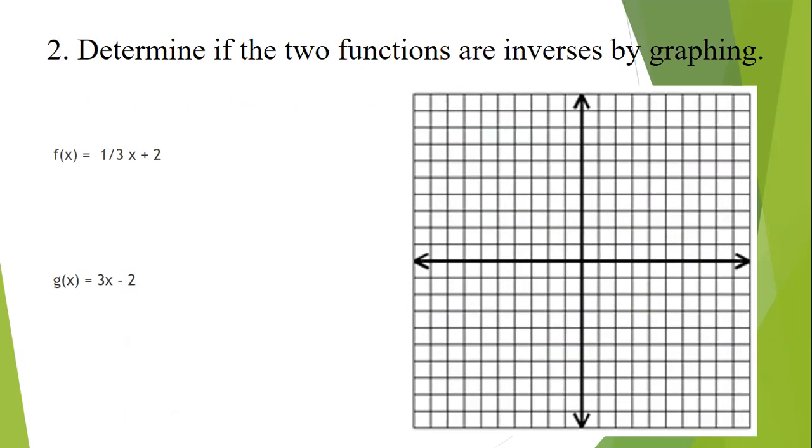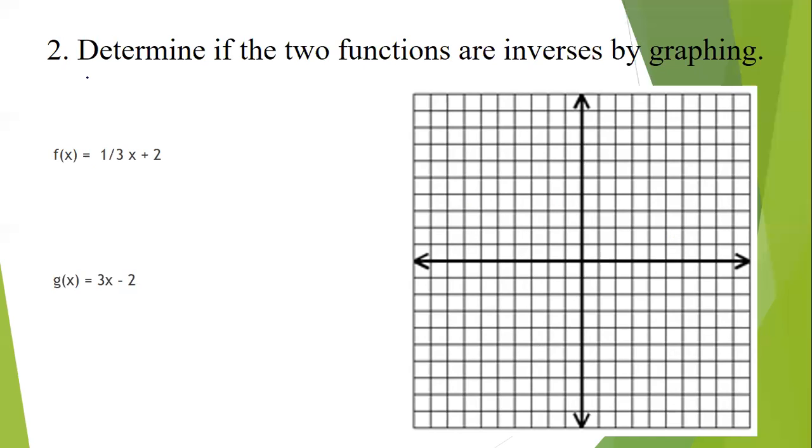Okay. So they want us to verify graphically whether these 2 functions are inverses. So in order to do that, we have to graph them. If you took your notes last week, 1-2D notes, it reviewed and went over with you how to graph from Algebra 1.